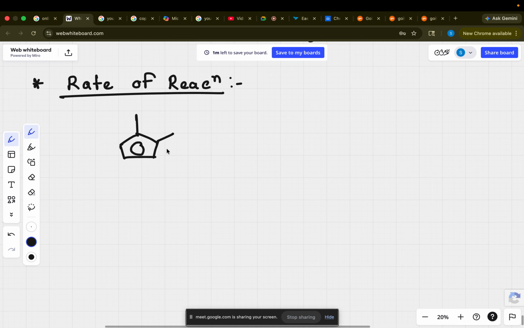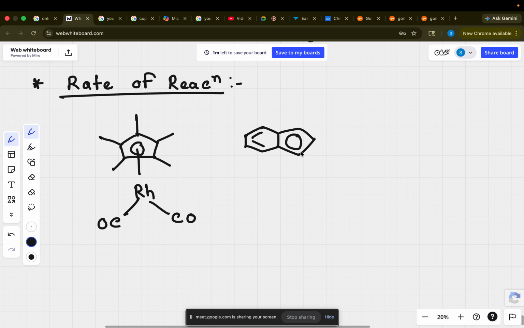Here you have a ring, and here I have rhodium with CO. Now here I have 5-membered rings, and here also I have rhodium with CO.